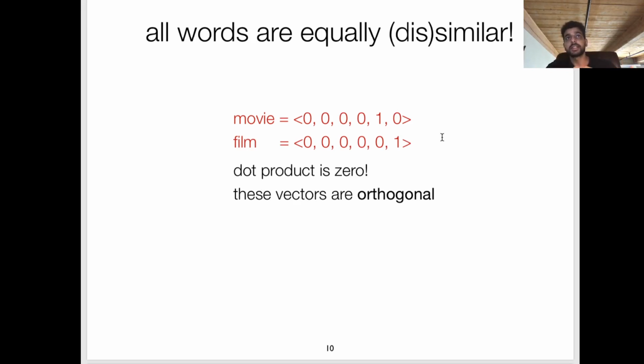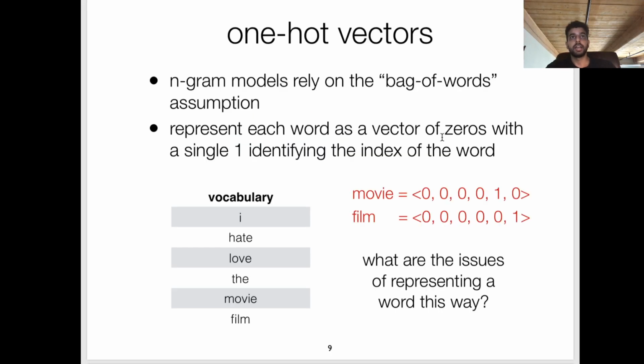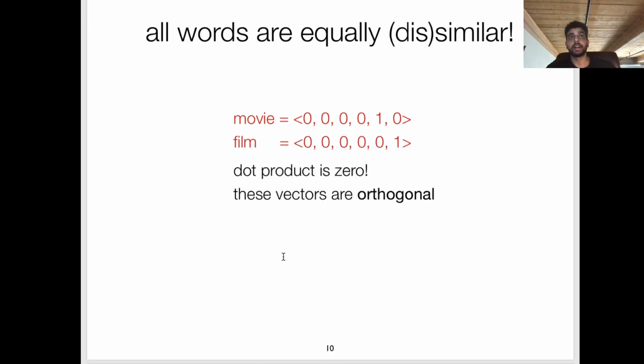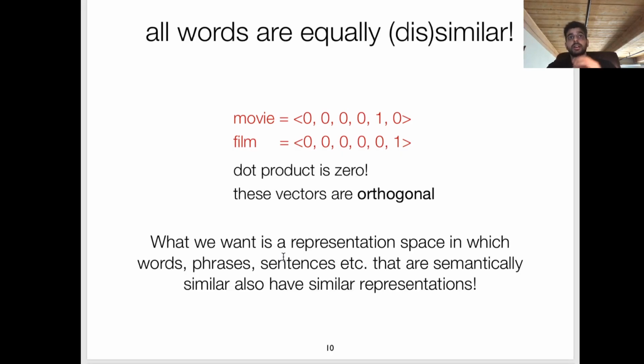They're no less dissimilar to each other than they are to random other words, right? Like any of the other words in my vocabulary, I, hate, love, and the, right? All words are equally dissimilar in this vector space. So I can't really share any information on occurrences of movie and occurrences of film. They don't influence each other.